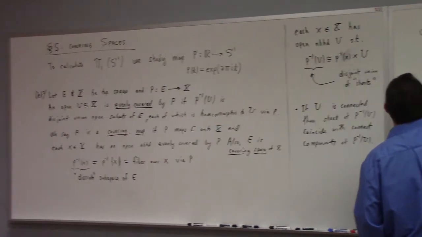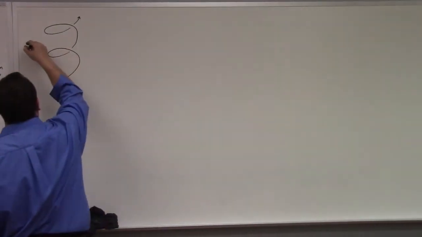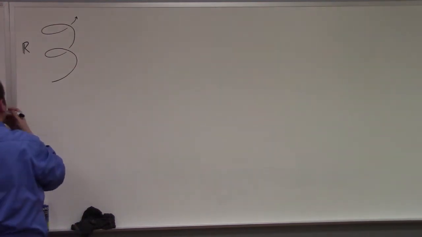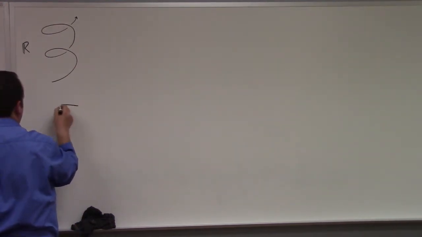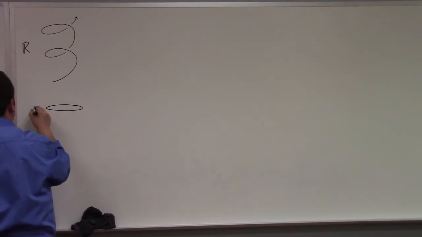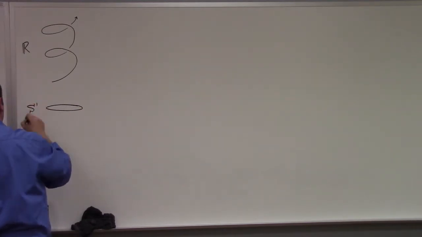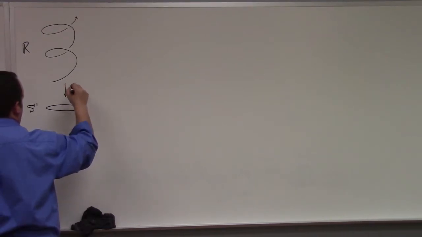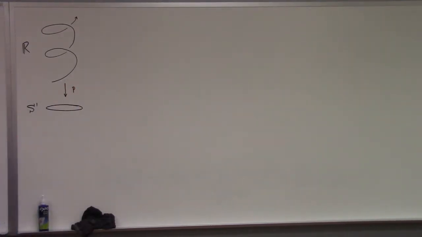So this is a picture of R. And then down here, of course, you can think of that as the circle. And P is that map.